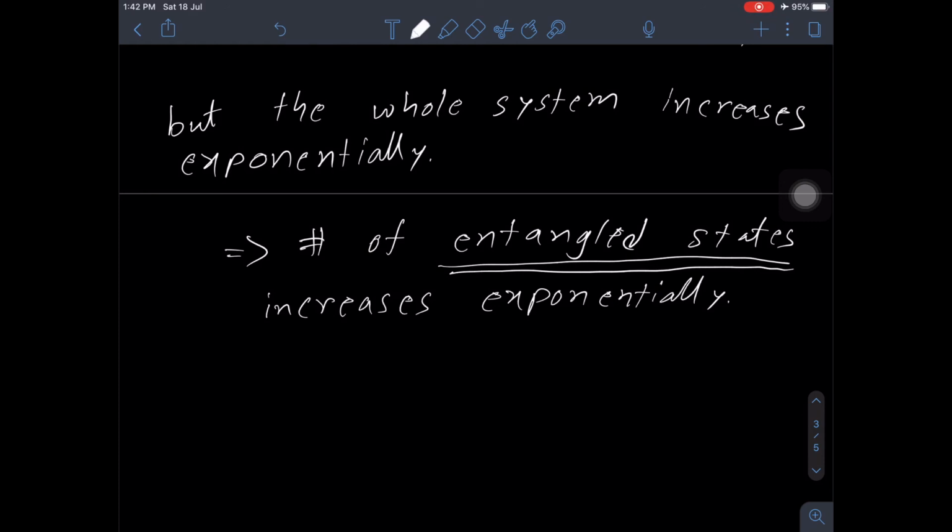So your stored information can be increased exponentially by increasing the number of qubits, and that is done by using the entangled states. This was missing in classical computers, and that is why we have that drastic improvement in complexity.